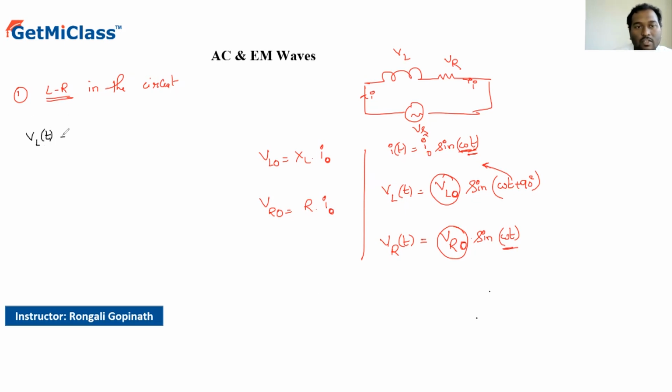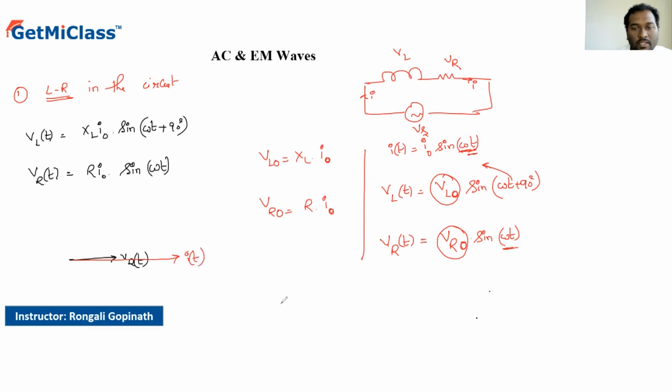the voltage across the inductor as a function of time t given by XL I0 into sine of omega t plus 90 degrees. VR of t is R into I0 into sine of omega t. Plotting the phasor diagram now, we have VR of t like this, and also we have I of t like this, and VL of t is like this.